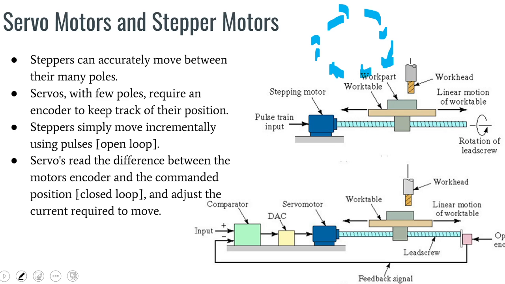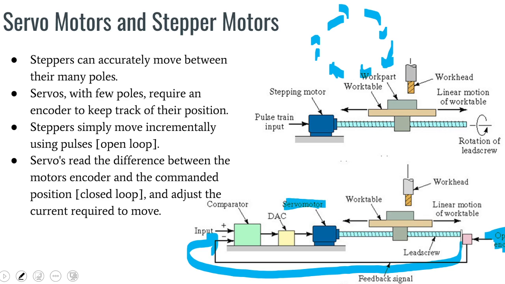Whereas with servo motors, because they have fewer poles, we will not be able to move them as accurately. So if we want to make accurate movements with servo motors, we need additional sensors to detect their movement, for example an optical encoder. Those sensors can be used in a feedback loop, and that can control the servo motor.